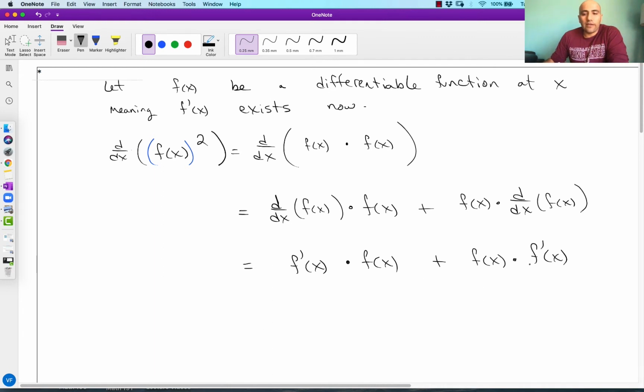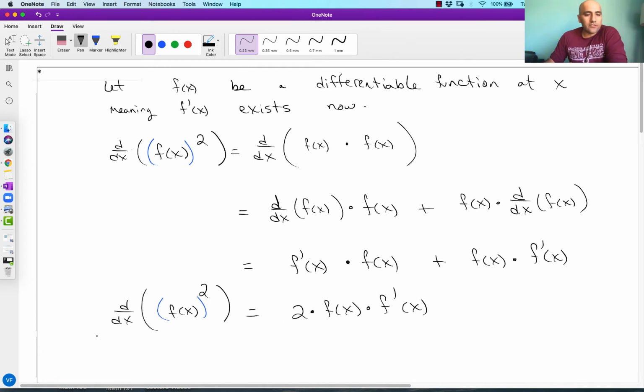The order in which these are written doesn't really matter. So I can say that there are two copies of the f of x function times f prime of x. Okay, so we're fairly confident that that's good, right? So this is the derivative with respect to x of the f of x function being squared.